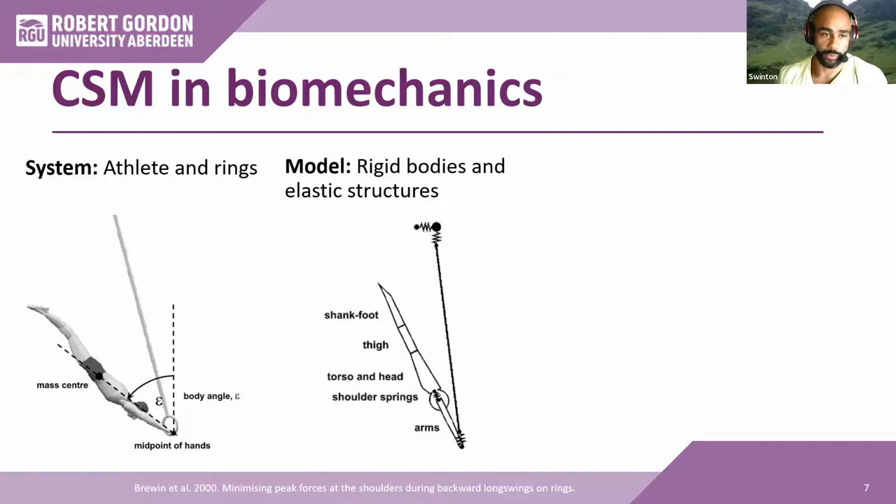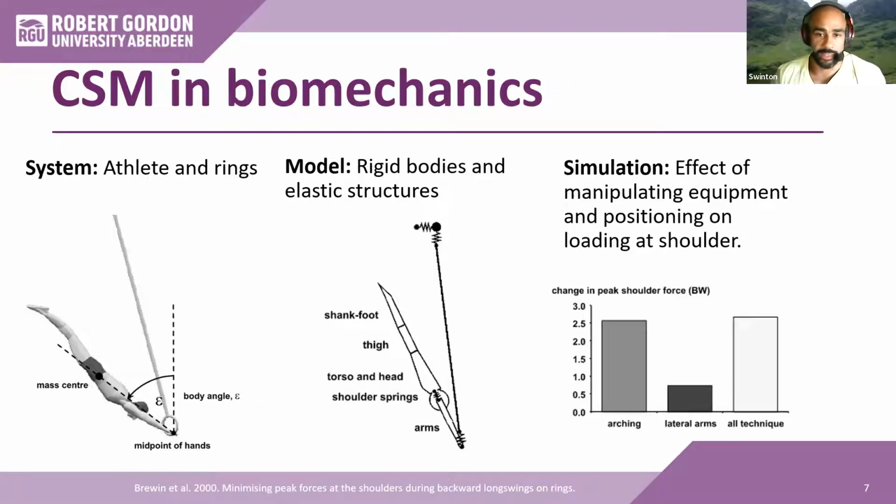So in other words, we can fit the model to each athlete depending on their different anthropometrics and so on. The simulation can then be used to manipulate, for example, different techniques and postures to identify which postures result in the lowest peak force. So that's an interesting example of CSM where we use physical laws to set up our model.